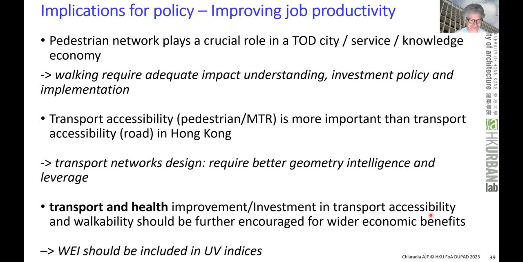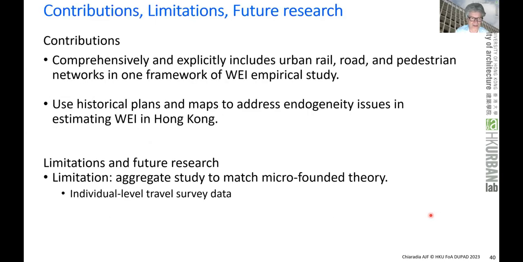But what is good is that we've done it at a city level, with a very robust causal model, and with all the transport modes, which are very important in Hong Kong. So we have a configuration analysis that allows us to be a little bit confident to work at a very large scale.